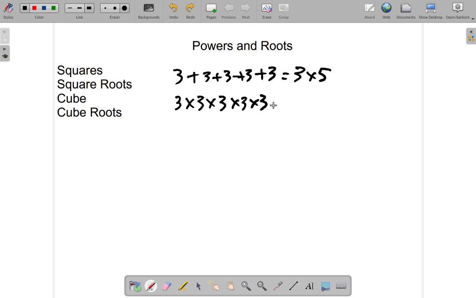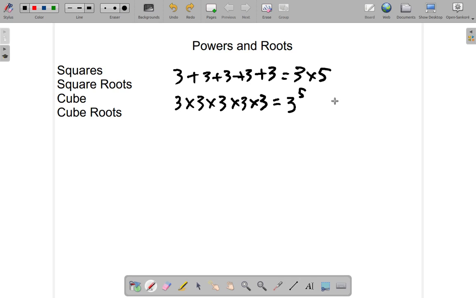Then you are going to shorten the way you write this. What you say is 3 to the power of 5, a superscript 5 like that. So this is a power. So 3 raised to the 5th power is this. There are 5 3's and they all multiply.